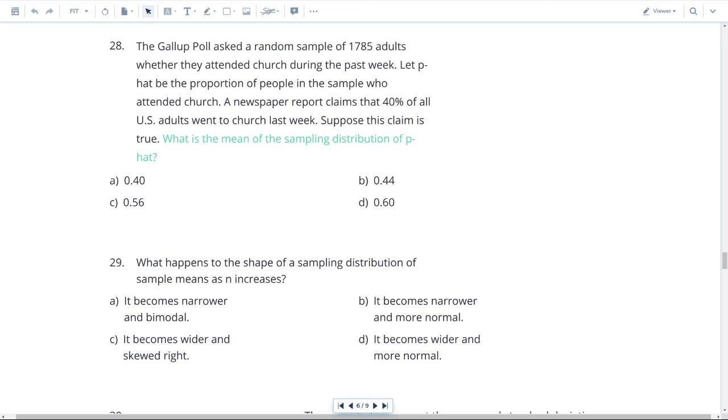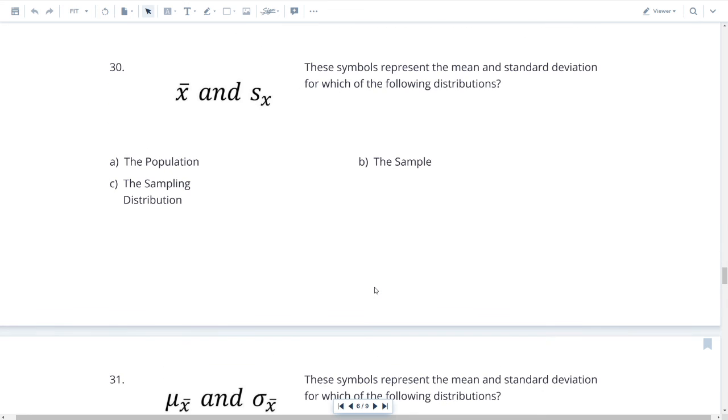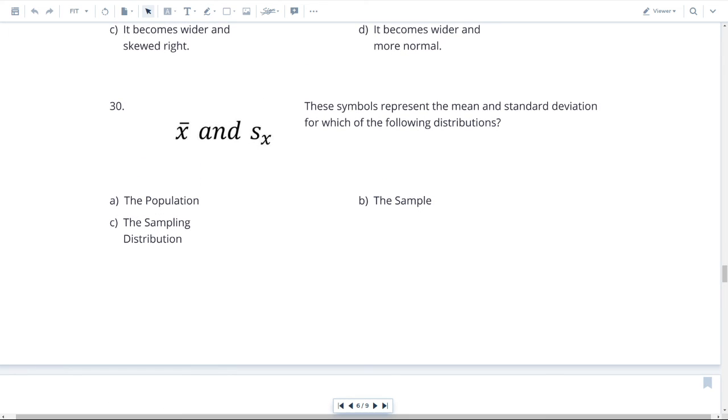Number 30. Flip that screen over. There we go. For number 30, these symbols represent the mean and standard deviation for which of the following? 67% of you got this right. This is the sample. X bar was just the flat-out sample.